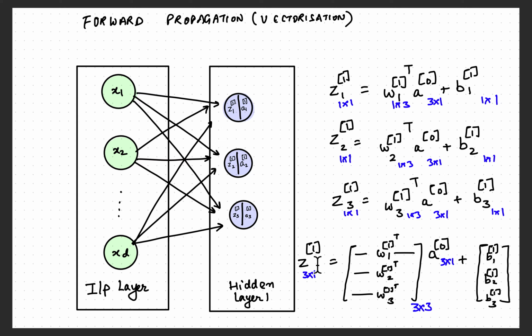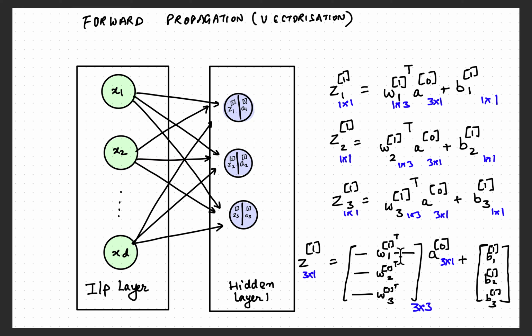This 3 cross 3 matrix is now just stacking up w square bracket 1 transpose. Okay, let me repeat. W square bracket 1 subscript 1 the whole transpose, and w square bracket 1 subscript 2 the transpose, w square bracket 1 subscript 3 transpose. You write them across three different rows, you get a 3 cross 3 matrix.